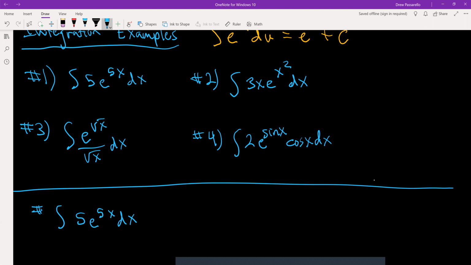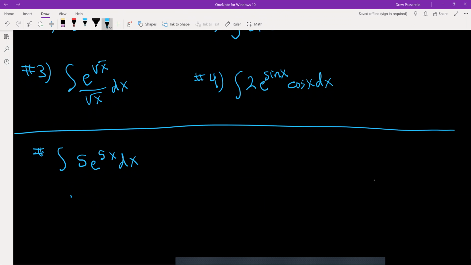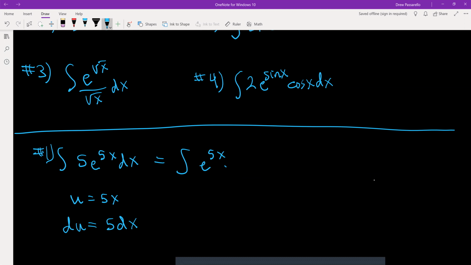So the u portion is just going to be 5x. Normally I'd factor out the 5, but you'll see why I don't, because when I take the derivative, du is going to be equal to 5 dx. So I already have that in the integral. So I could write it like e to the 5x times 5 dx.